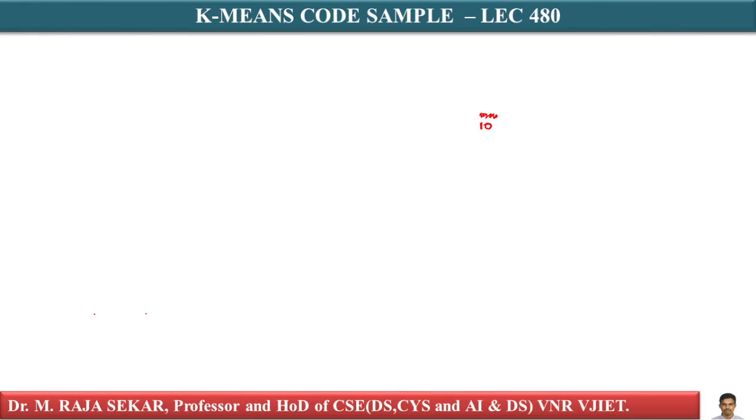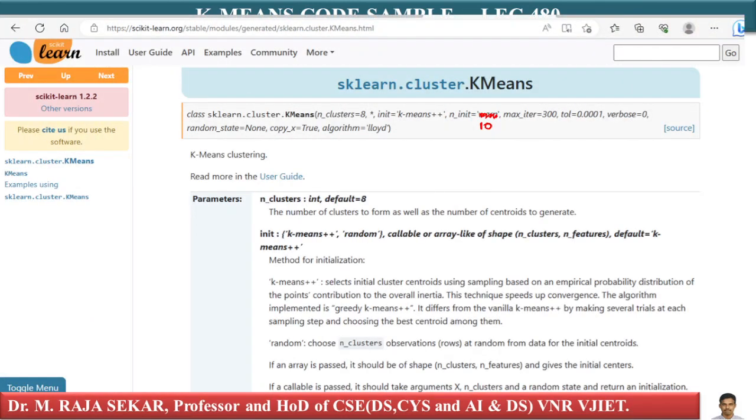So, as far as code samples are concerned, k-means is easily available in scikit-learn. It is in sklearn.cluster.KMeans. So let's look at the function definition. The first parameter is n_clusters, which is basically the number of clusters you want.